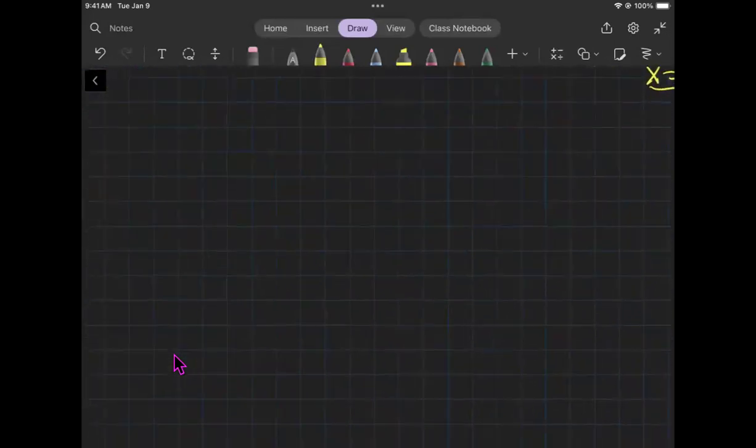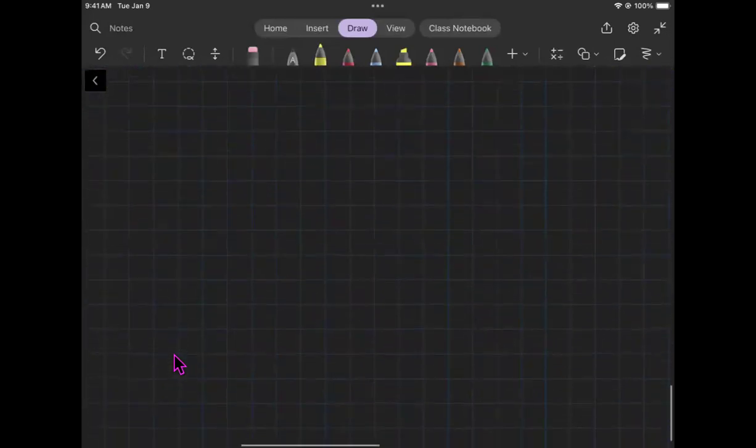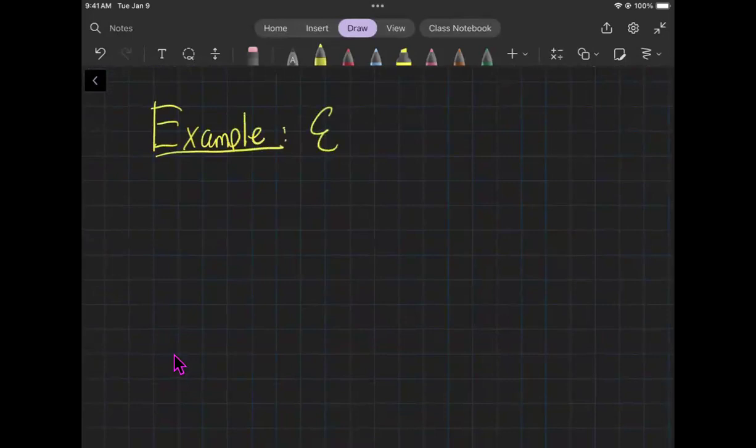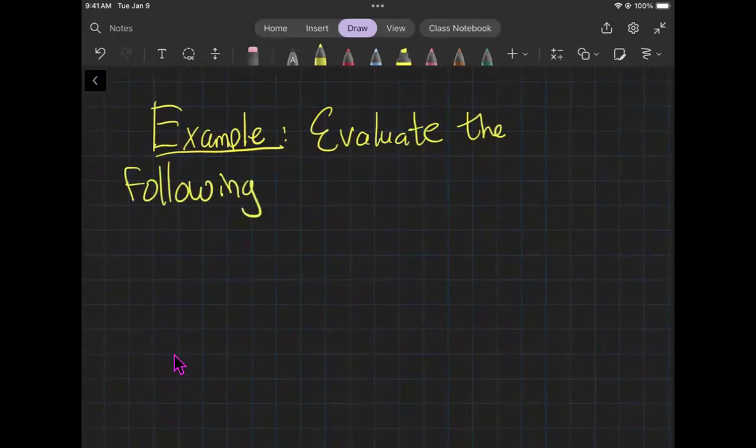And also I want to go over examples of some line integrals. So evaluate the following line integrals.